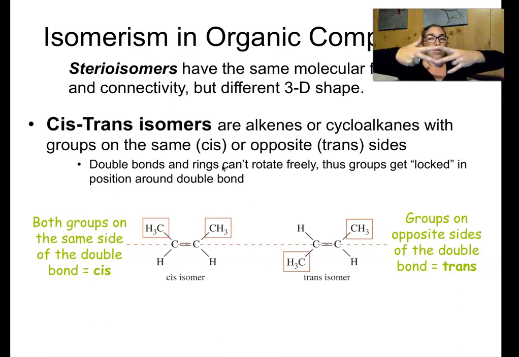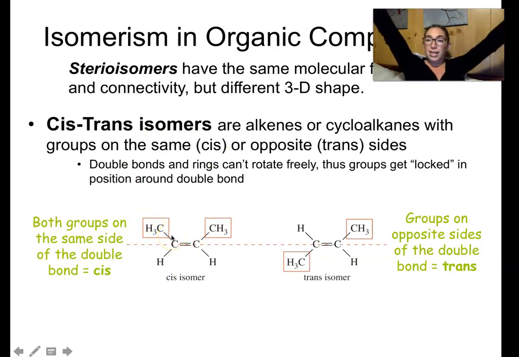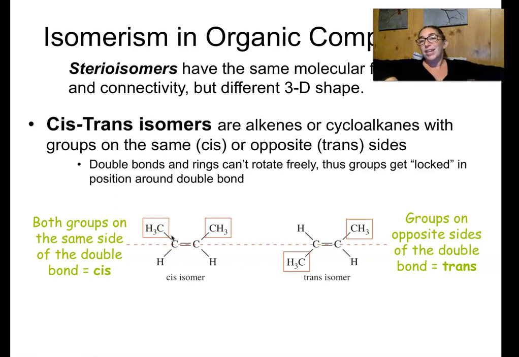They can't rotate, and that's a different arrangement. All right, so in a cis isomer, they're both sticking in the same direction on the same side of the double bond. In a trans isomer, the groups are on opposite sides.